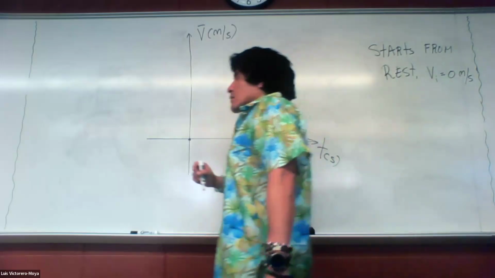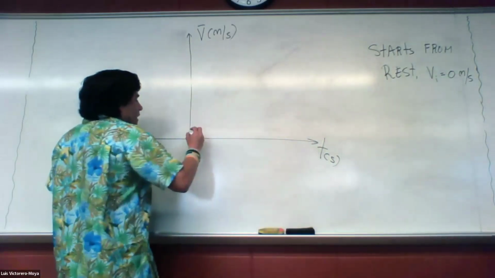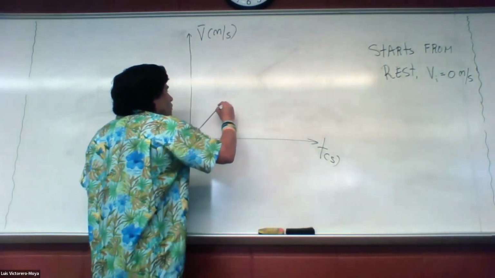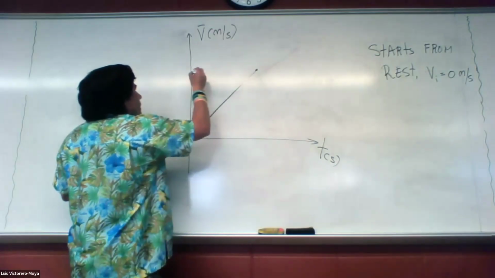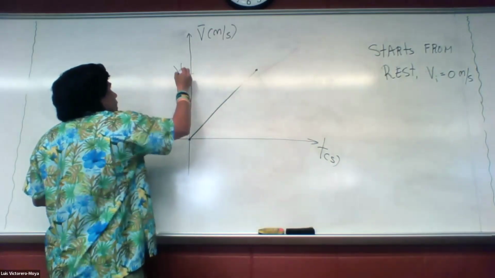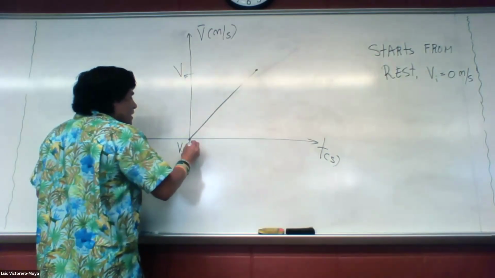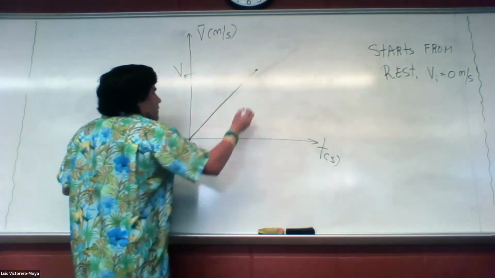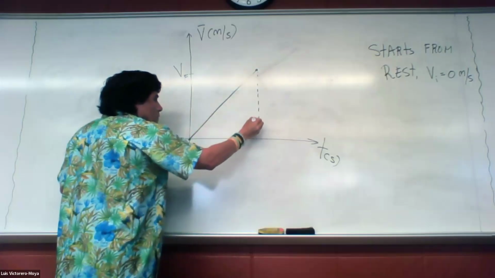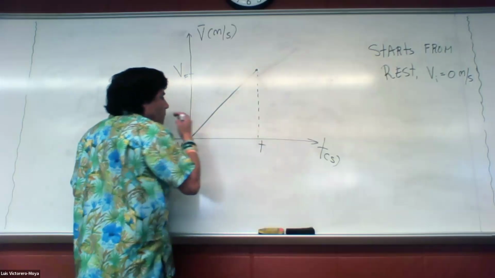Okay? So if you start from rest and then you increase your velocity in some given time, let's call it V final, V initial, which is 0, and then in some time, let's call it T.